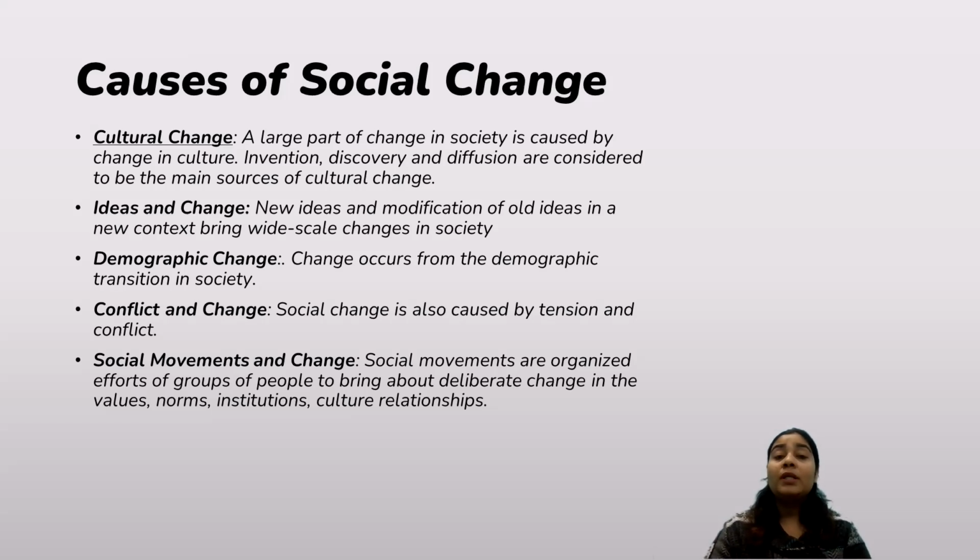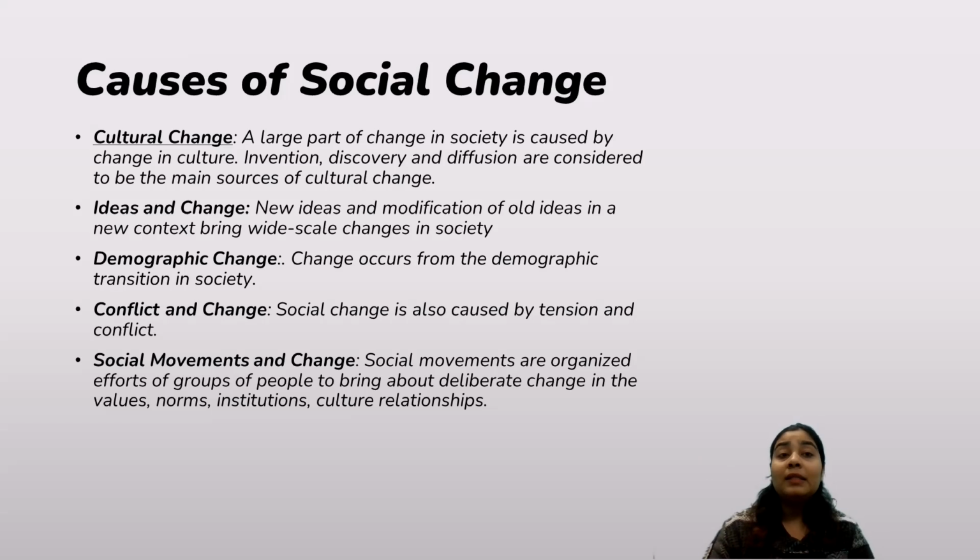Just like I told you, people come together in the form of groups, trade unions, student unions, medical groups, teachers, or any group that you could affiliate with, that you could resonate with. They try to highlight their own plight, their own struggle, and they try to bring about a deliberate, very conscious, and decided change in the values, norms, institutions, and cultural relationships around them.